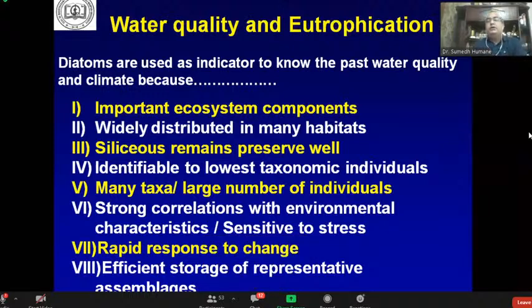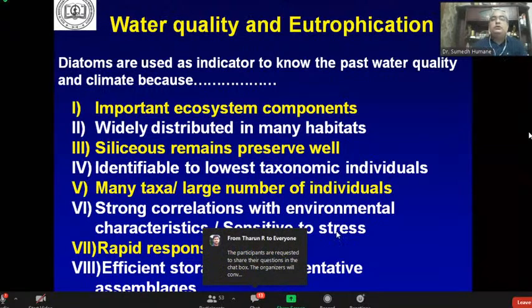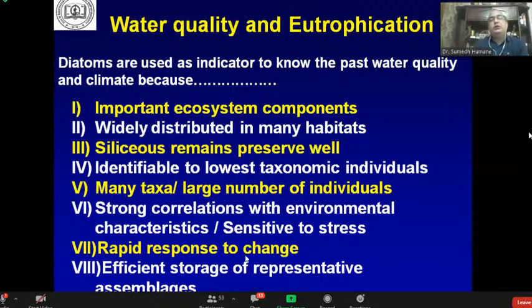Even if there is a change of 0.1 in pH, you will see a change in the diatom pattern. Such sensitivity is there for some of the diatoms. So they respond rapidly to rapid changes in climatic conditions, and they allow efficient storage of representative samples.